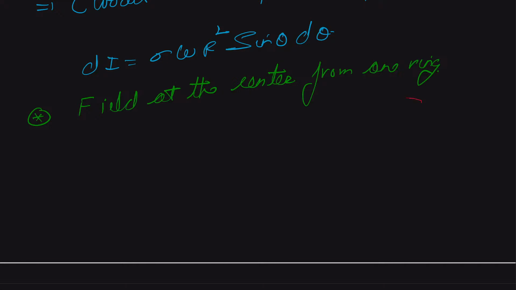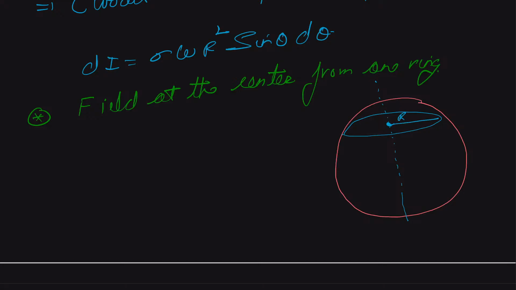Let me draw the figure again. So this is a sphere, and we considered a ring somewhere here, and this radius is our r sine of theta, and we are finding out the magnetic field at the center of the sphere, which is nothing but the axis of the loop also.